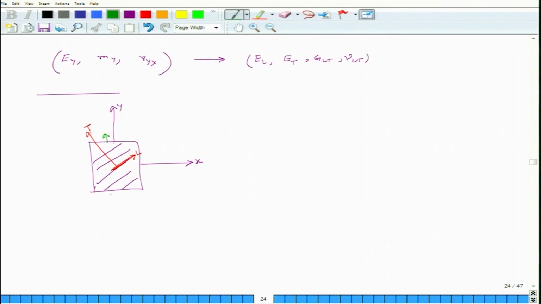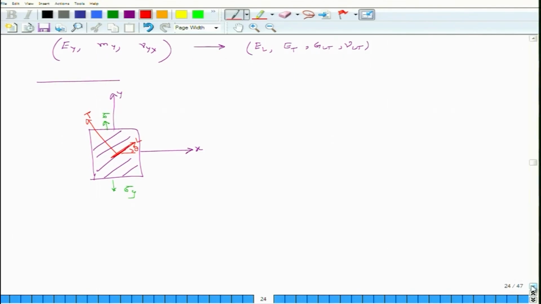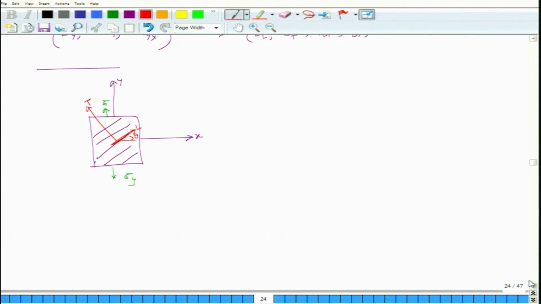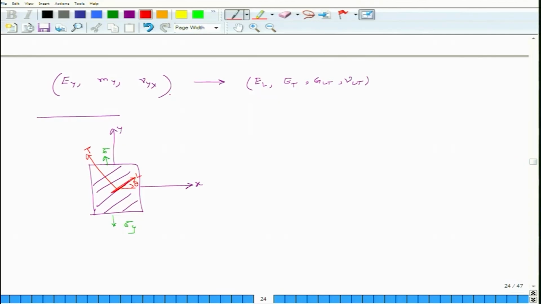So I apply sigma y here. The angle between L and x axis still is theta. So this angle is still theta, and if we exactly follow the process which we had discussed earlier, then we end up with the relationships between Ey, My and gamma Yx and these terms.